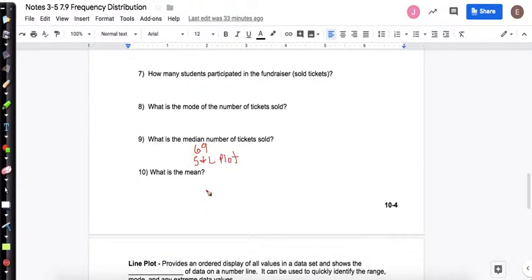Okay, now the mean. Mean is the average, so I have to add them up and divide by how many. So if you look at the stem and leaf plot, I have 40, 51, 55. I've already added that up for you, and it adds up to 1,022. And I divide by 15 because that's how many numbers were in the data.